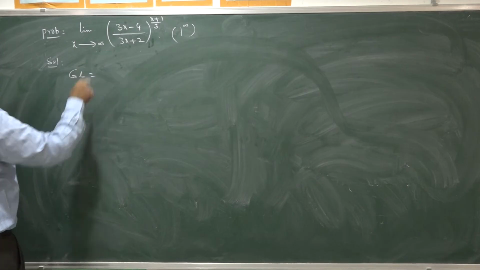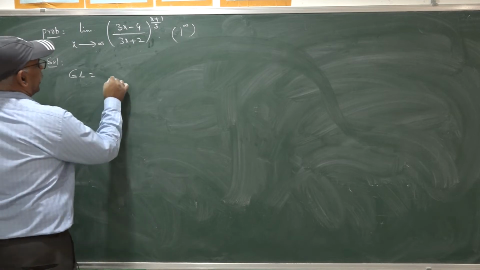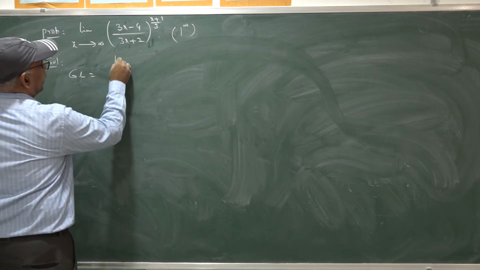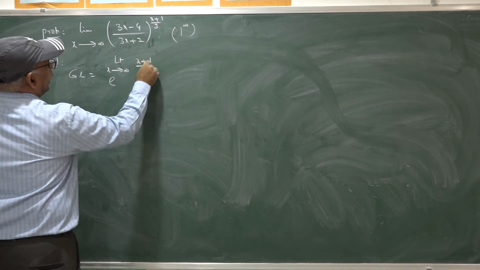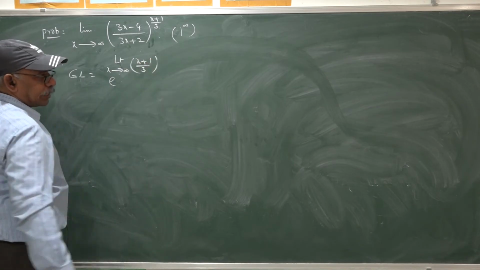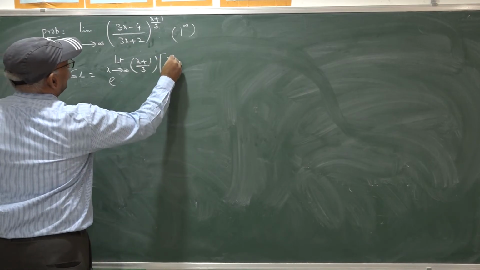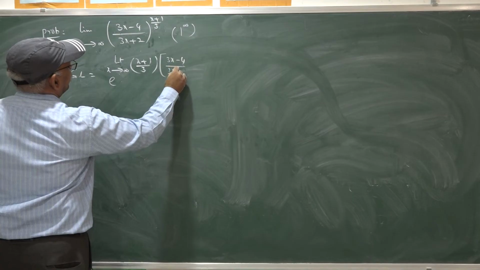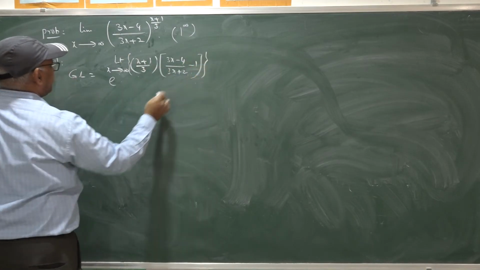By observation, since the given limit takes the form 1 power infinity, you can write the limit as e power limit as x goes to infinity, exponent function (x plus 1) by 3 into (base function minus 1).